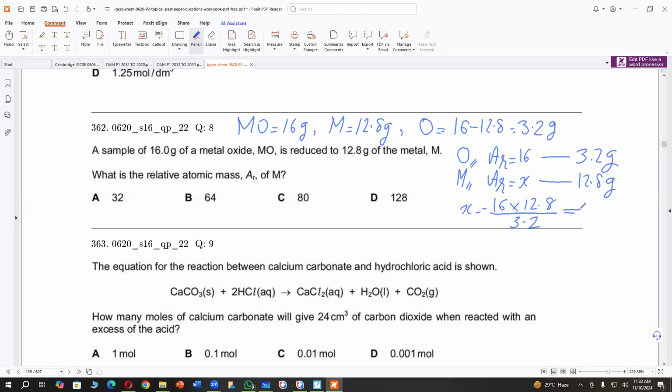Look at the ratio method. I got 64. Sorry, how much? 64. Yeah, 64. Okay.